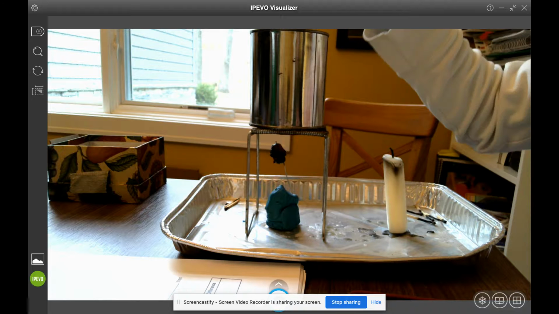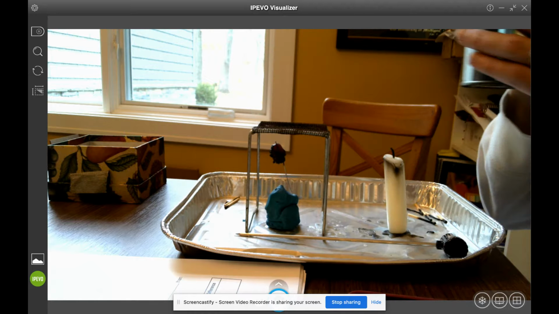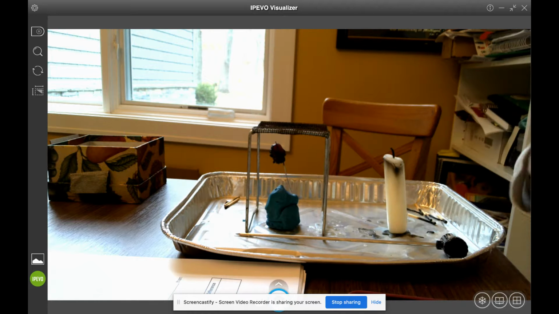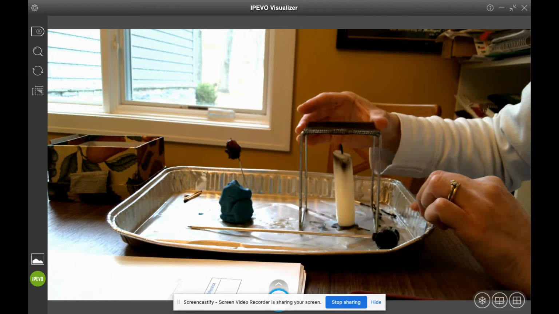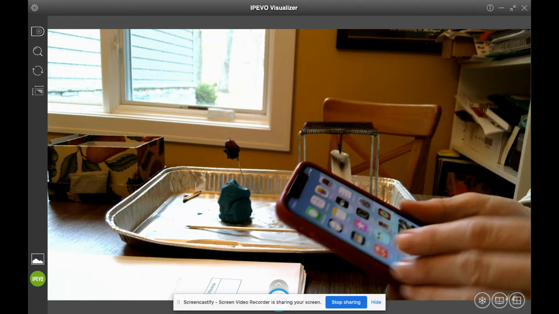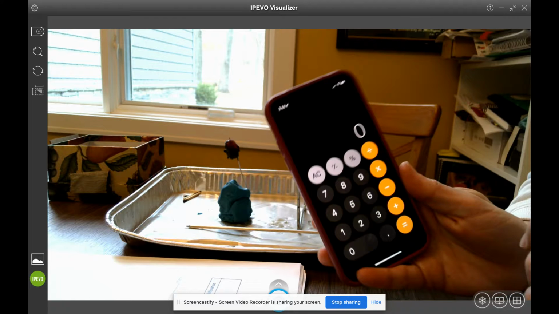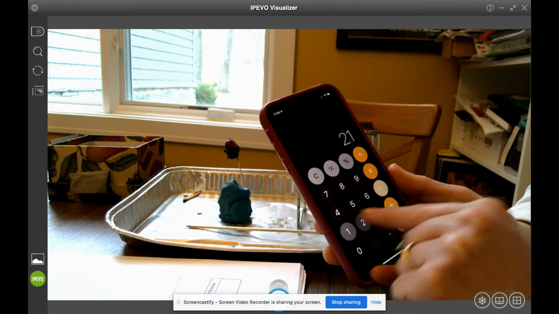So what I'm going to do is let Wyatt go get some fresh water so it's the same temperature. Not hot at all. And then we're going to get this set up to come over here. While Wyatt's doing that, let's calculate our difference. We were at 23.3 minus 21.6.